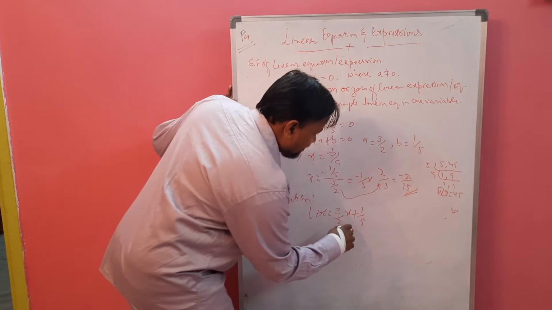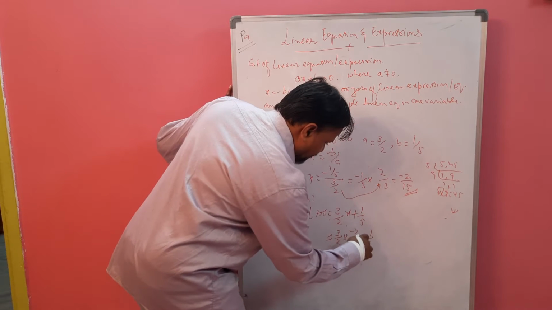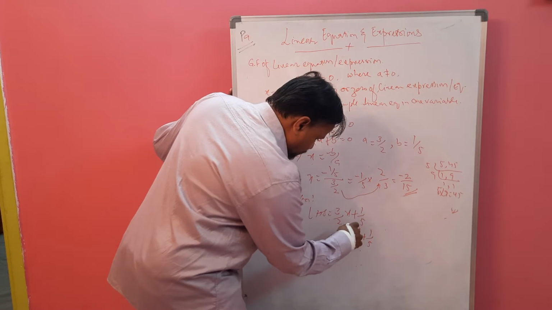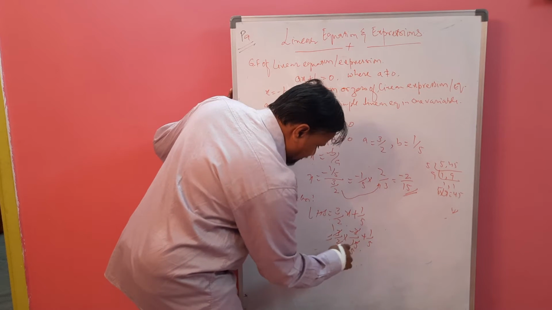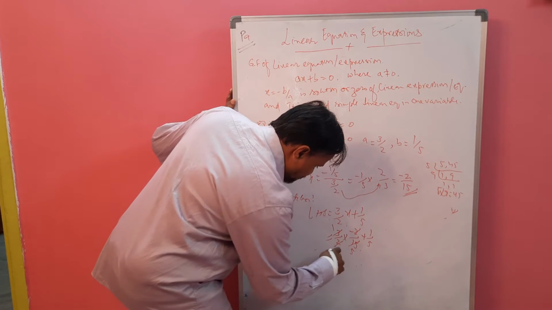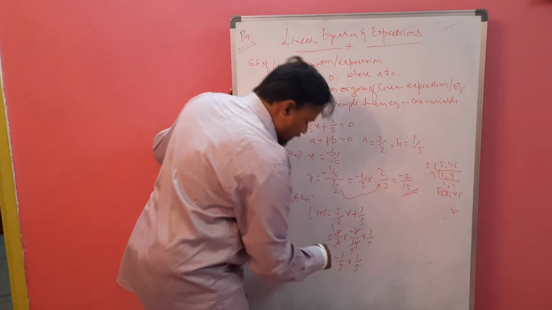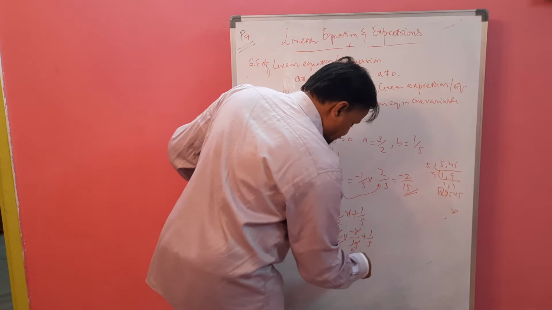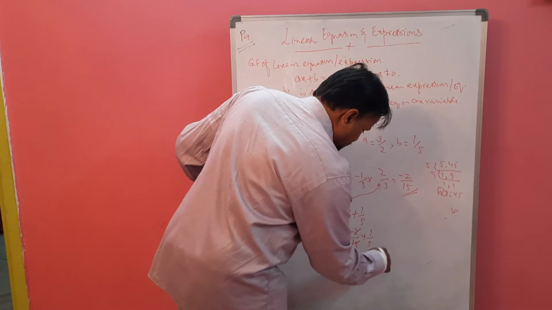Now x, this is what? 2 by 15 plus 1 by 5. These 2s get cancelled, 3 5s get cancelled. So you will get minus 1 by 5 plus 1 by 5. If you take the LCM, or otherwise you can cancel, this is 0.